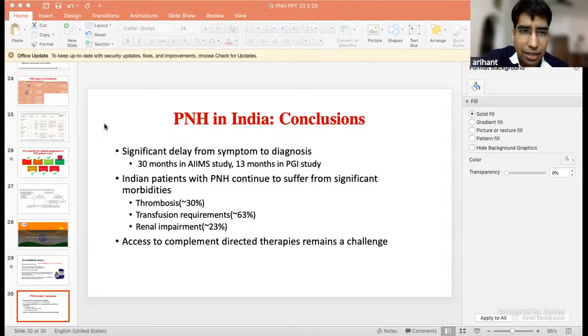Probably to an extent, a lot of the time these patients present to our clinical colleagues from other specialities, and they may not be so aware. Like two of our patients in our cohort presented with thrombosis, and it took almost 2 or 3 months. It was an atypical site thrombosis, and it took two or 3 months to think about PNH and send the test. So I think it's more of education and awareness.